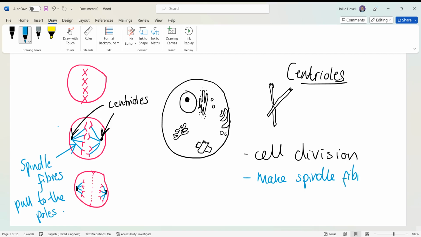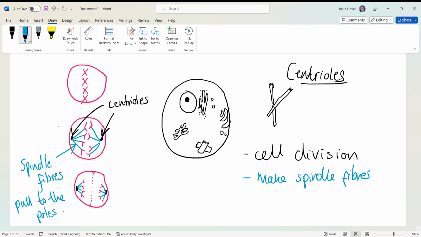So you need to be able to recognise pictures of them, and you need to be able to describe what it is that they do. Now, sometimes you might hear the word centrosomes. The definition of a centrosome is that it's made of two small microtubules called centrioles.